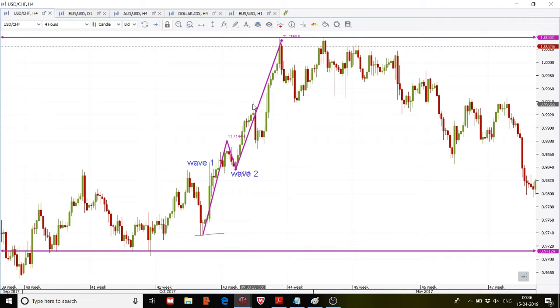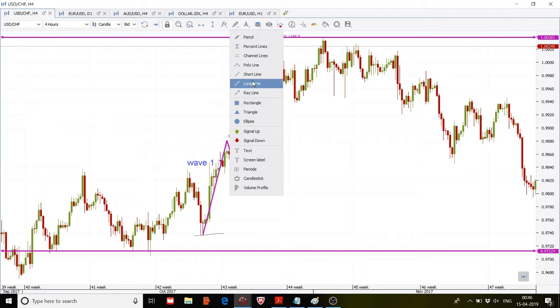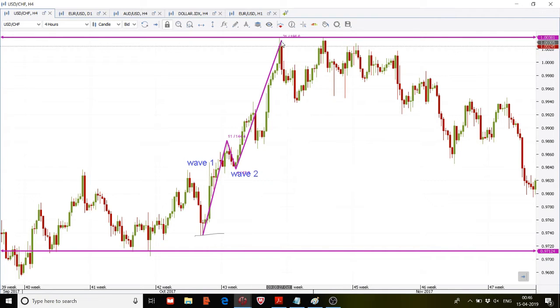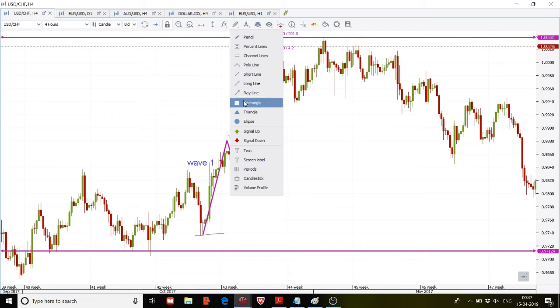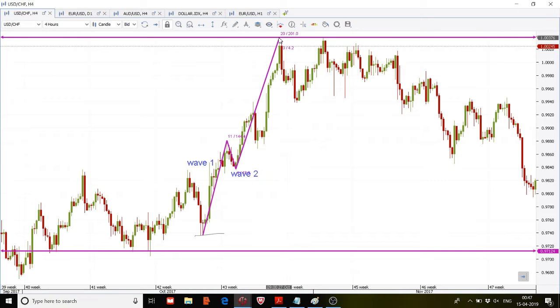Any single wave can consist of so many waves in itself. So the structure will look like this. Then you have got the wave 4, the correction, and wave 5.